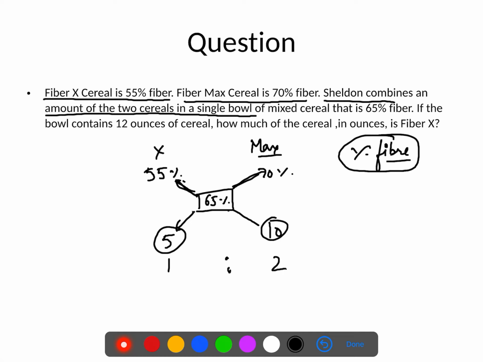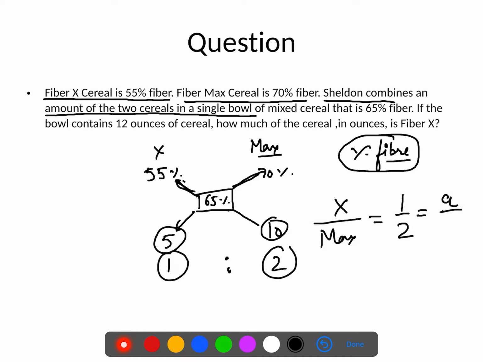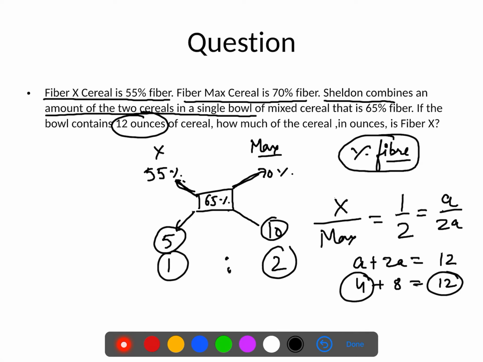So the quantity of Fiber X upon the quantity of Fiber Max is in the ratio of 1 is to 2, or simply it's like A upon 2A. So A plus 2A, the combined weight, is given as 12 ounces. So it has to be 4 plus 8, that is equal to 12. 4 is your answer. That's what we need to figure out.